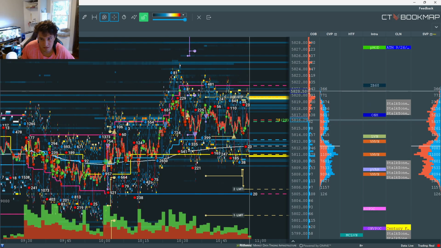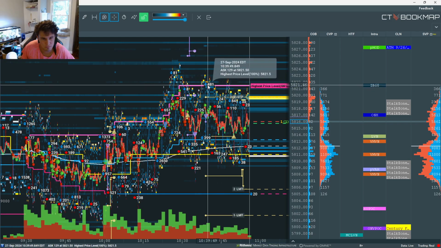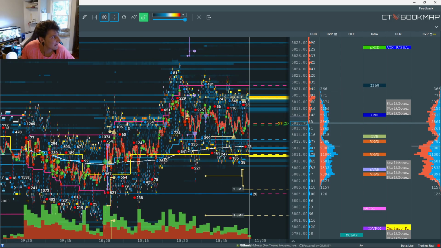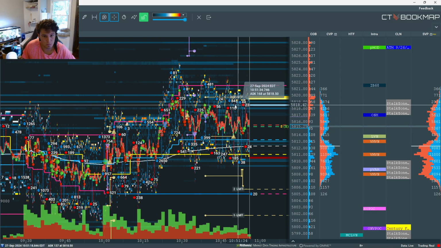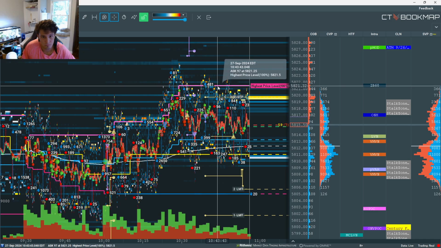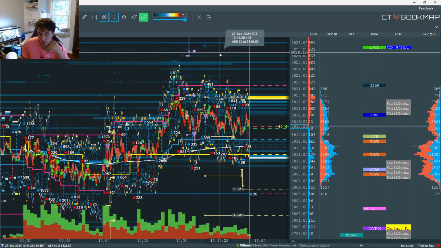We also could see mean reversion, although I think that if we get to the IB, then we may push to the prior high of day and the all-time highs.